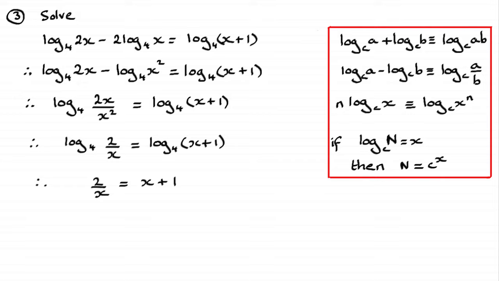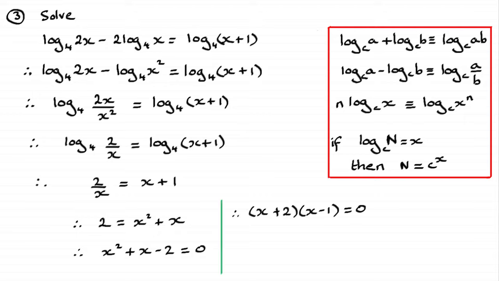So now just clean this up by multiplying both sides by x, leads into this quadratic equation, which we rearrange to make equal to 0, factorize it, make each factor equal 0, and that would lead to x equals minus 2 or x equals 1.